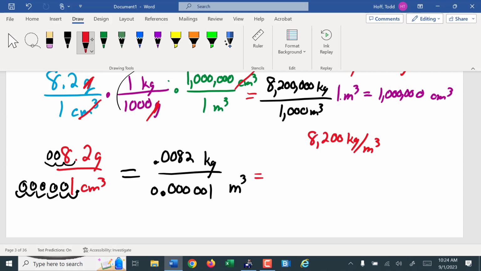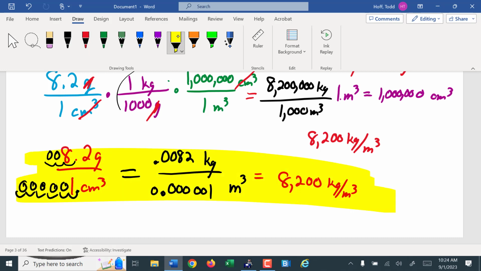Then you divide those numbers out to 8,200, and it's kilograms over cubic meters. This way is a lot shorter and quicker if you can make it work for you. That doesn't work for everybody, but I put it out there as a shortcut for some of you.